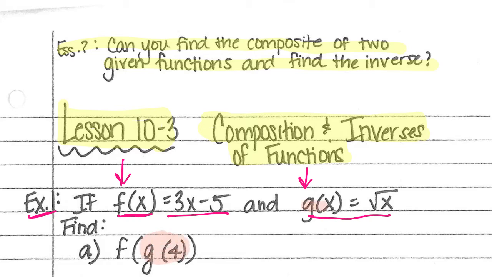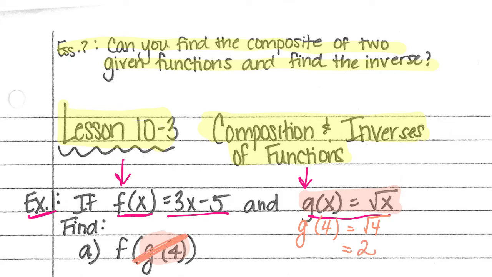So we are going to start with the g function, and instead of putting in the number x, we're going to put in the number 4. So if I find g of 4, I know the answer is the square root of 4, which is 2.